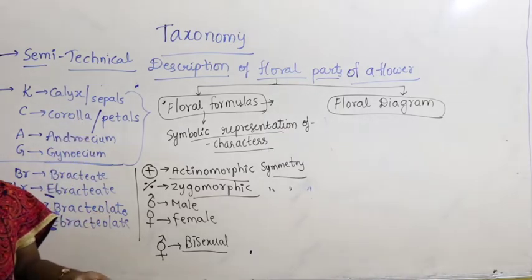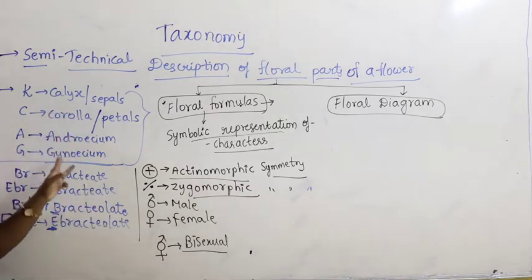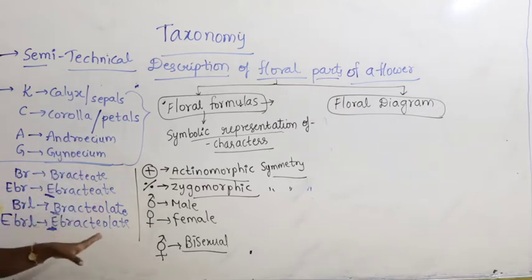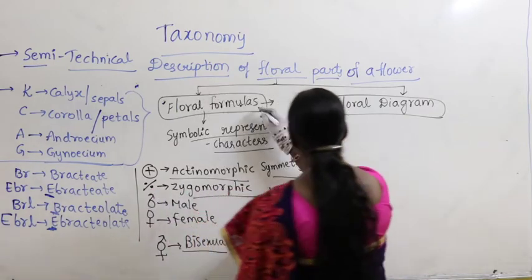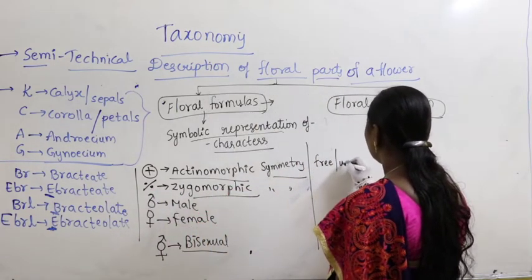Among all characters, mainly we look for what? Floral characters: what is calyx, what is corolla, what is androecium, and what is gynoecium. That's why I have written again very, very clearly. So apart from this, they may be free, or they may be united.